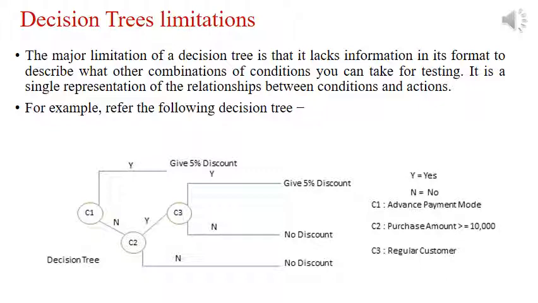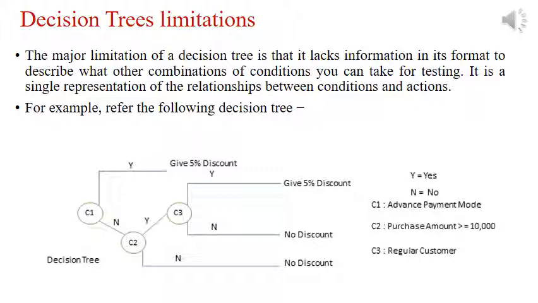From C1, we are considering a yes and no. If there is a no, then we check whether the customer is regular or whether the customer is not regular. Then if the customer is regular, we are giving a discount of 5% also.